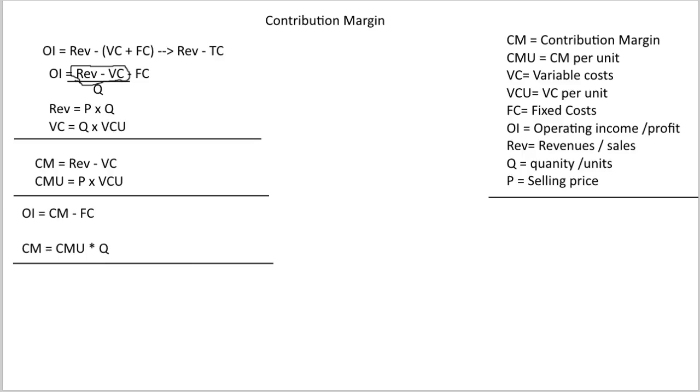There's one more thing that is important to know about the contribution margin, and that is the contribution margin percentage. I think some people call this also the contribution margin ratio, but I always call it the contribution margin percentage. So the contribution margin percentage is equal to your contribution margin over your revenues.